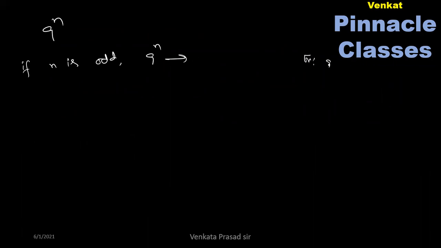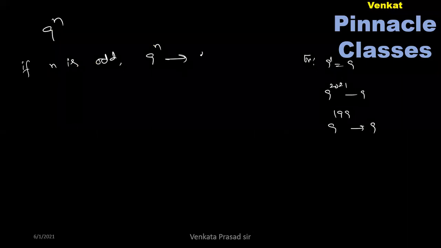What about 9 power n? If n is odd, then 9 power n is how much? Example: 9 power 1, 9 power 2021, 9 power 199. The unit digit is 9.